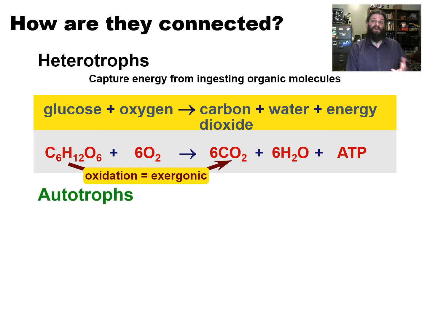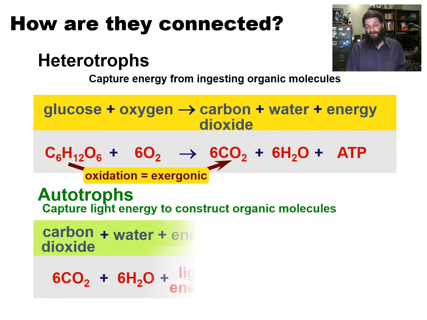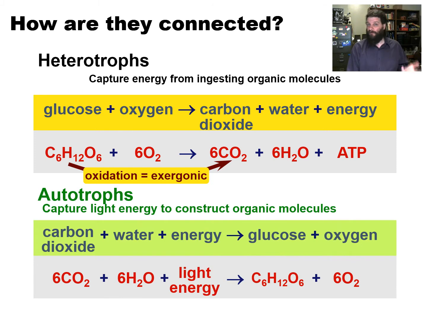Now, autotrophs, though they are going through cellular respiration, they are also going through photosynthesis. Now, photosynthesis, when we look at the overall chemical reaction, is the exact reverse of aerobic cellular respiration. The only difference is the form of energy. And that's important.